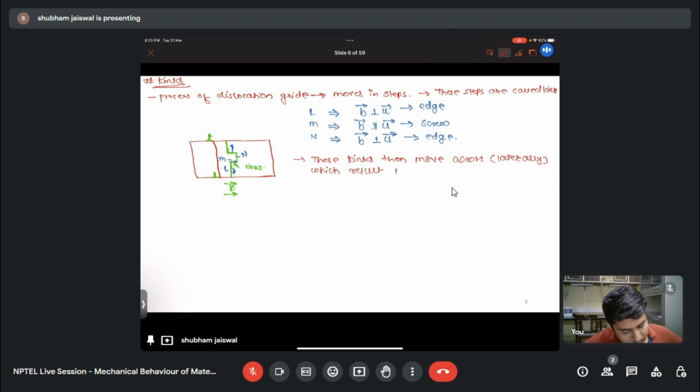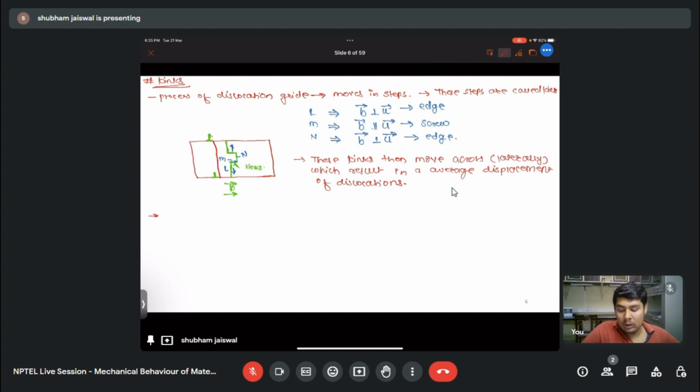Which results in an average displacement. Here, the dislocations are taking steps.